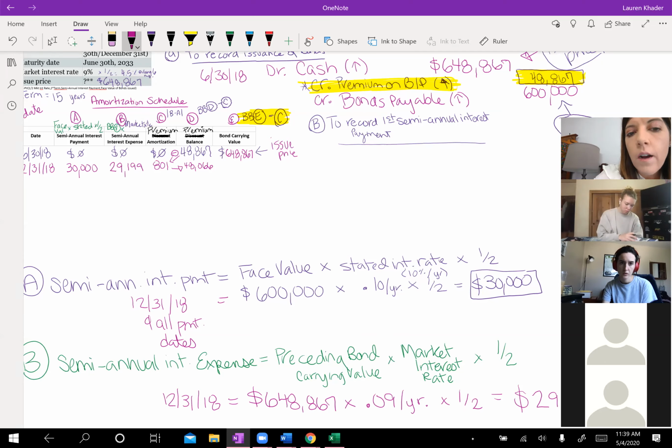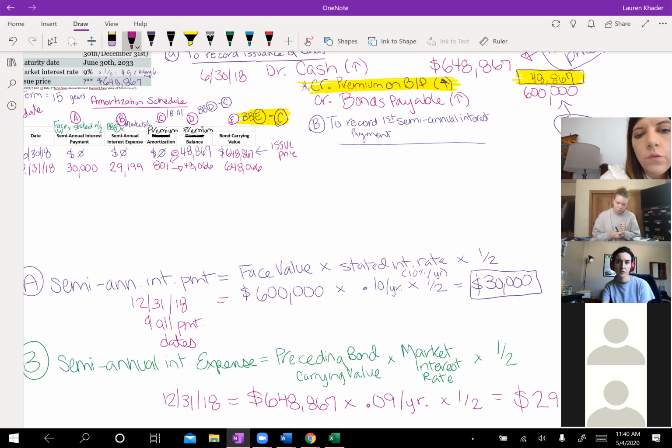And over time, my bond carrying value is going to slowly decrease towards face value at maturity. 648,867 minus the amortization of the premium, 801. My new bond carrying value equals 648,066. Correct.